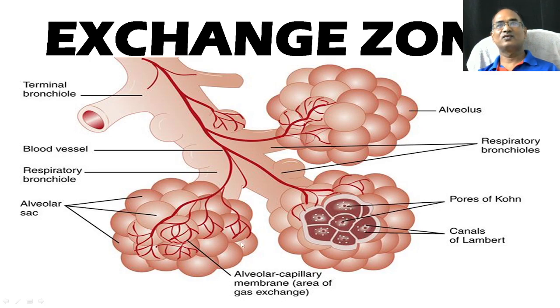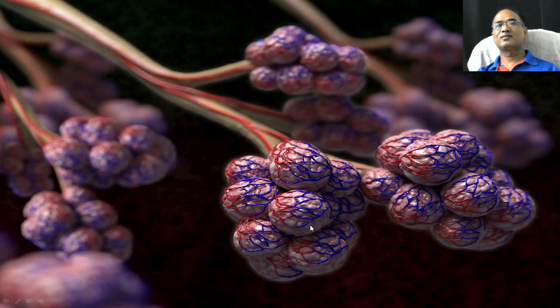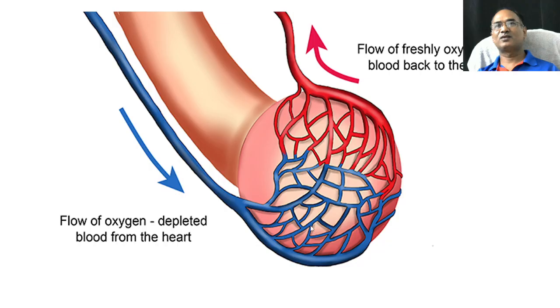Within this alveolar there is a complete network of capillaries. These capillaries carry the oxygenated blood to the left atrium and left ventricle. Okay, this is the real picture of the lungs, I mean the alveoli, with a complete network of capillaries.